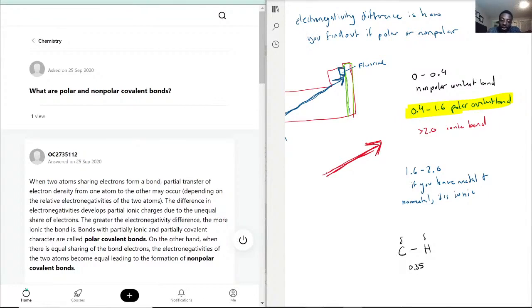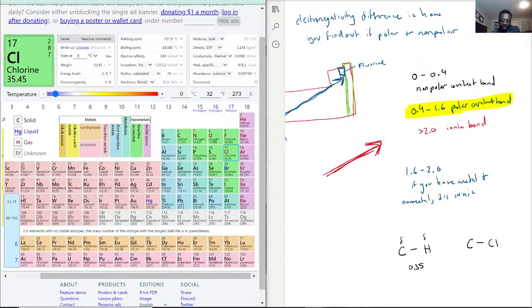Now if you had carbon and chlorine, chlorine is 3.16 and carbon is 2.55. So 0.61, not the greatest difference, but it's big enough that we use a sign here.